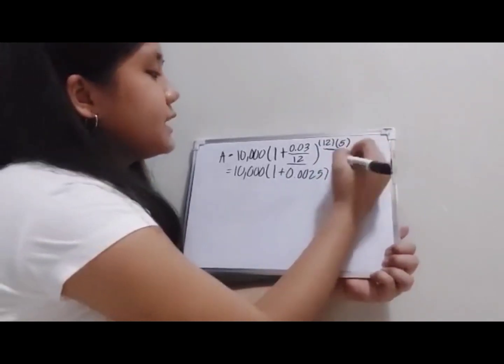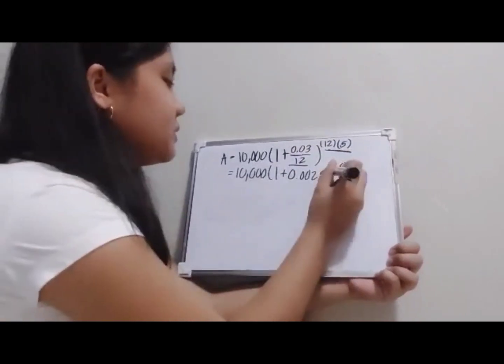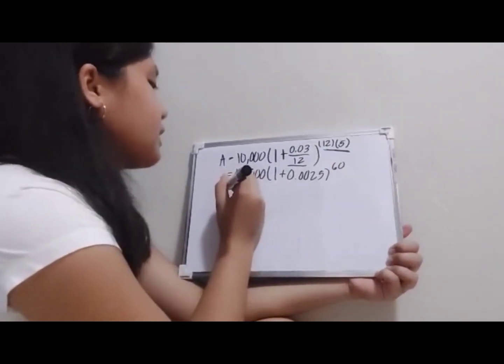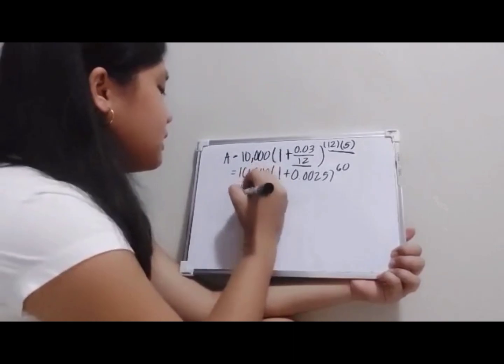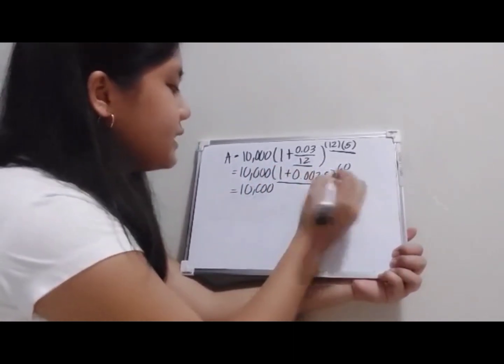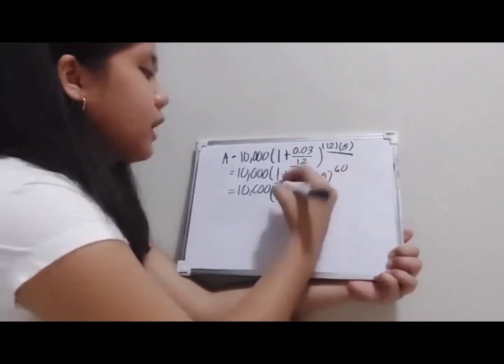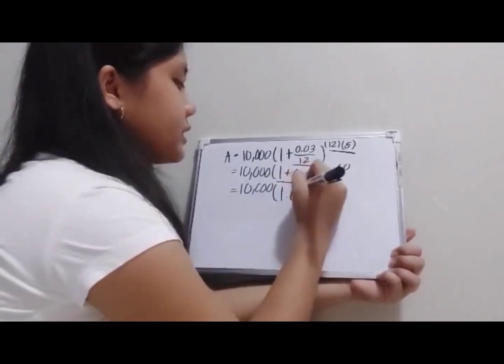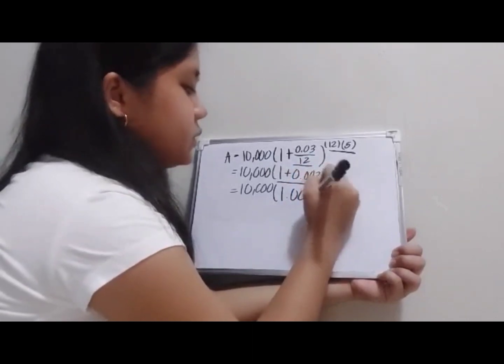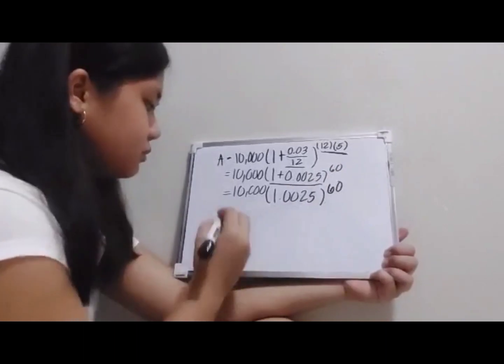Just multiply this, it will give you 60. And then again, 10,000. We will now combine these. 1 plus 0.0025 is 1.0025 raised to the power of 60.